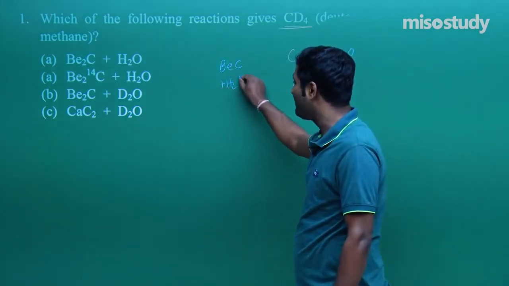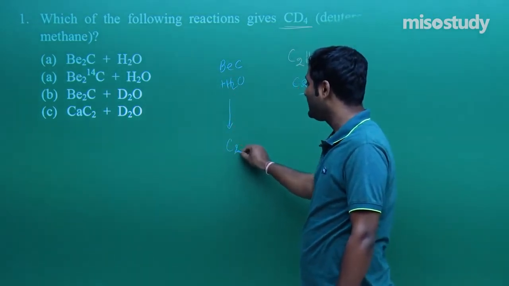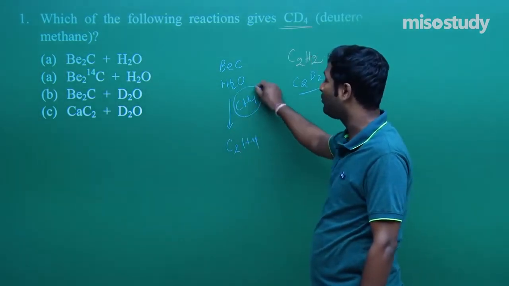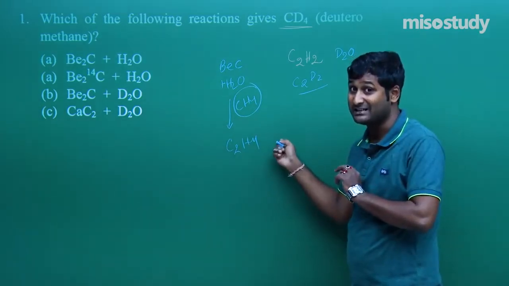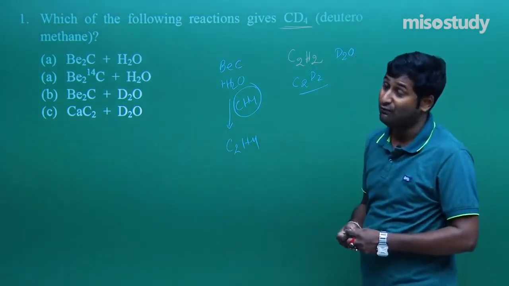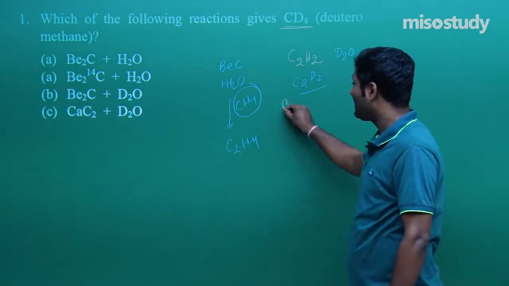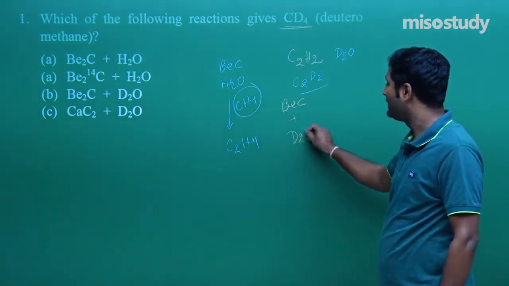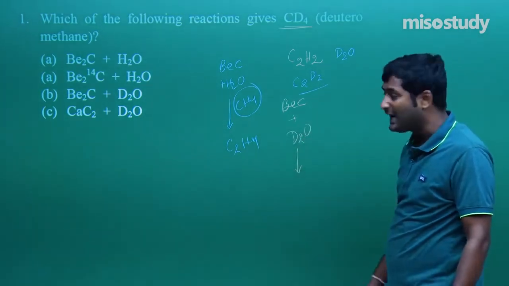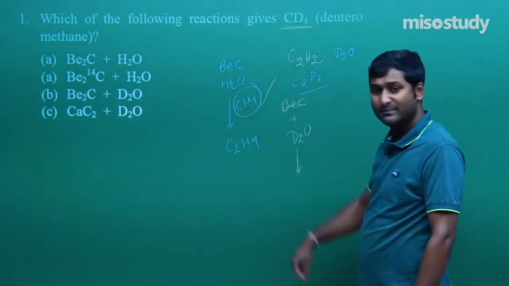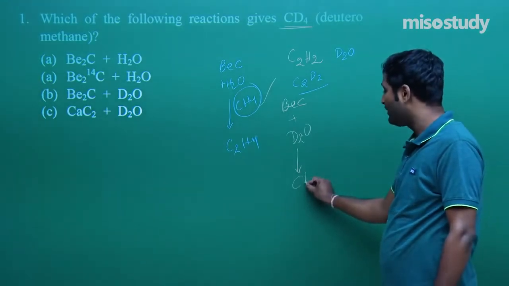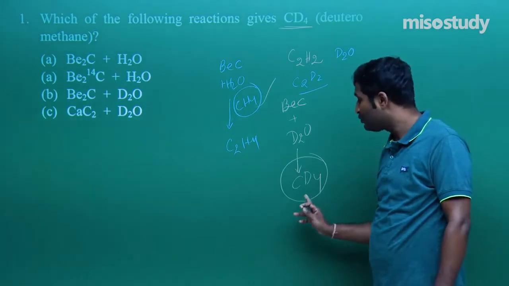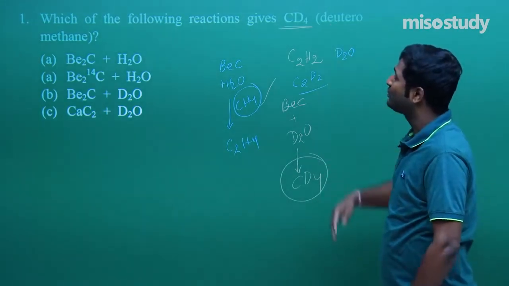Hydrolysis of beryllium carbide does not give C2H2, it gives you CH4. Similarly, if I take beryllium carbide and treat it with not H2O but D2O, what will happen? If there is hydrogen it gives CH4, if there is D2O, it gives you CD4, that is deuteromethane.